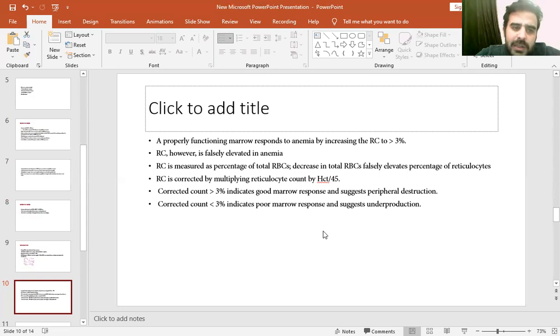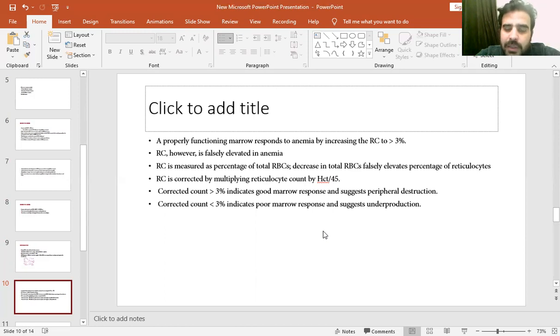However, sometimes it is falsely elevated in anemia, because it is measured as a percentage of total RBC. Now, what is happening in case of anemia? There is already a decrement in the total RBC count. So, as the RBC count is less, ultimately there will be a false elevation of the reticulocyte count, because they are depending upon the total RBC.